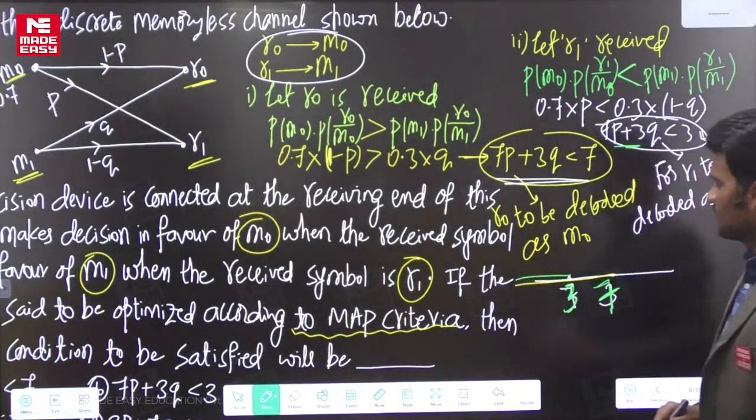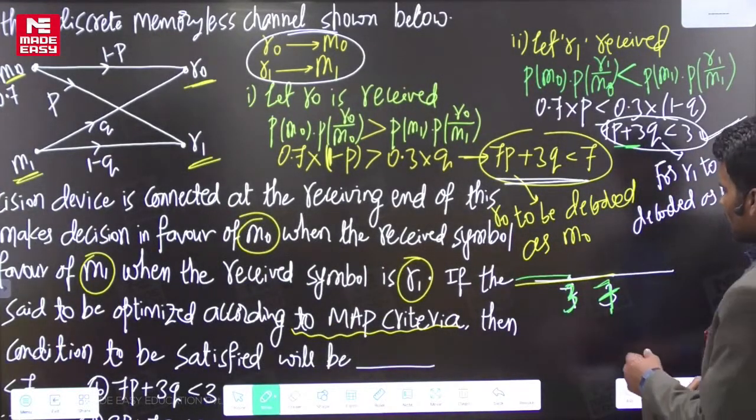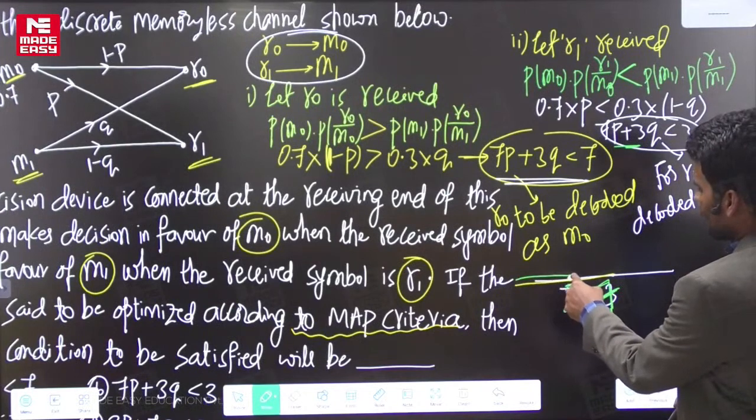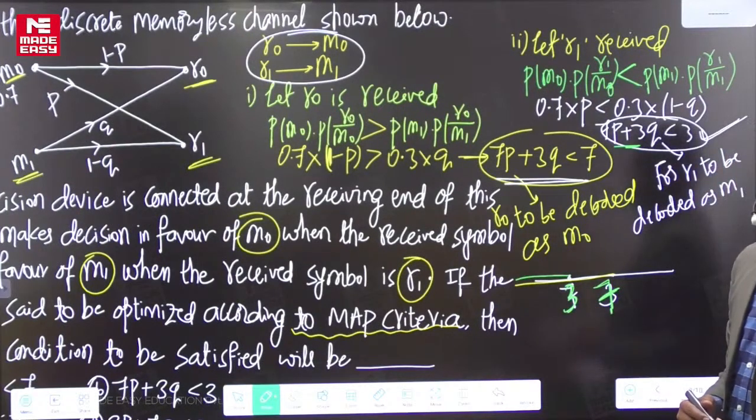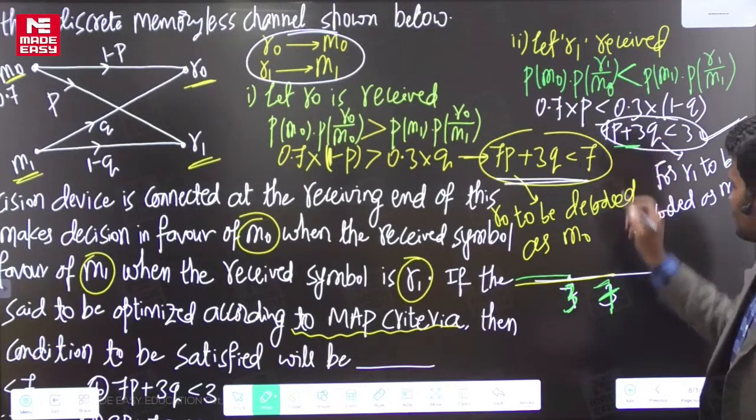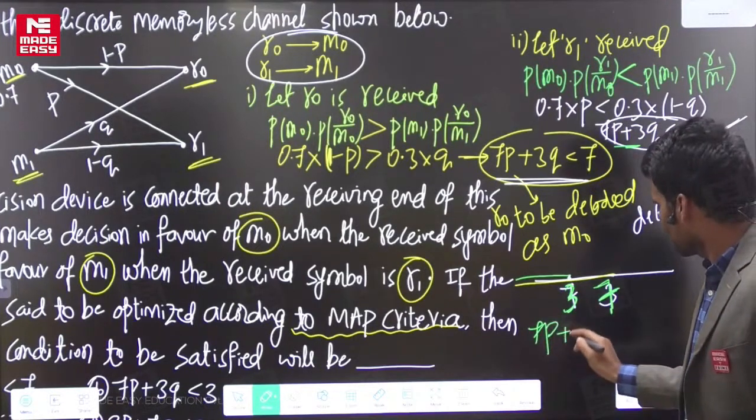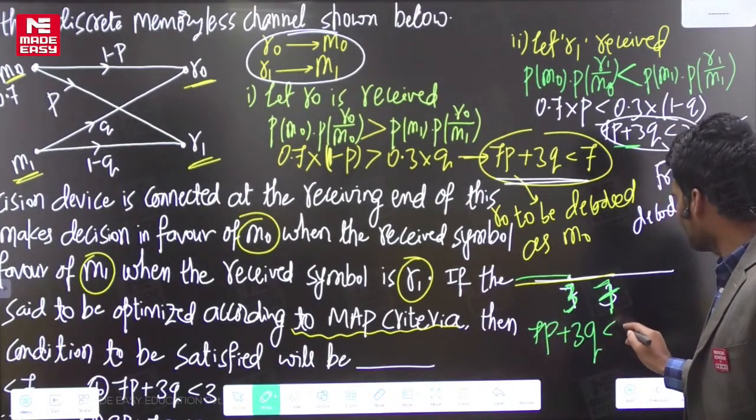Less than 7 and less than 3 means less than 3 is the common condition. So the condition which satisfies both is 7P plus 3Q less than 3.